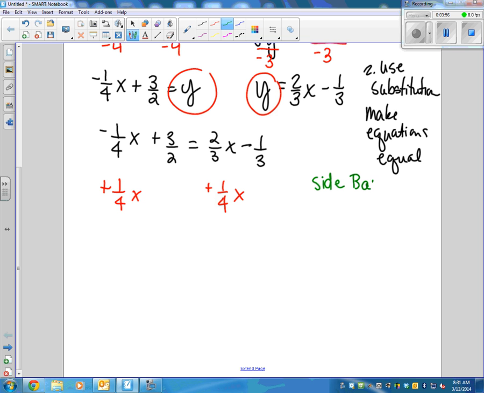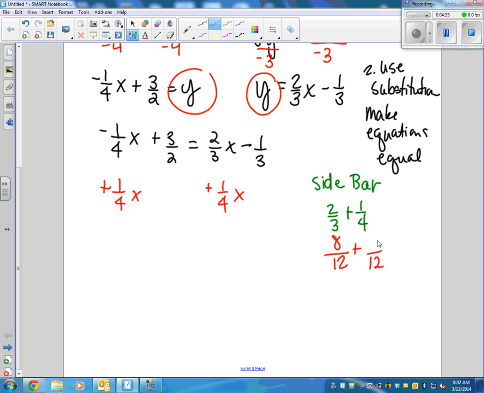Now, I'm going to have to do a sidebar over here because I have to add 2/3 and 1/4, right? How do I add 2/3 to 1/4? Don't I have to get a common denominator? Yes. What would the common denominator between 3 and 4 be? 12. So 2/3 is the same as how many 12ths? 8/12ths, right? And 1/4 is how many 12ths?